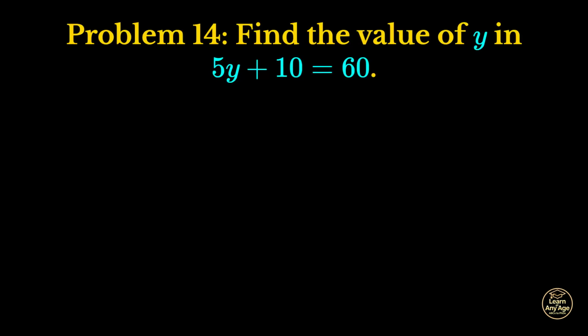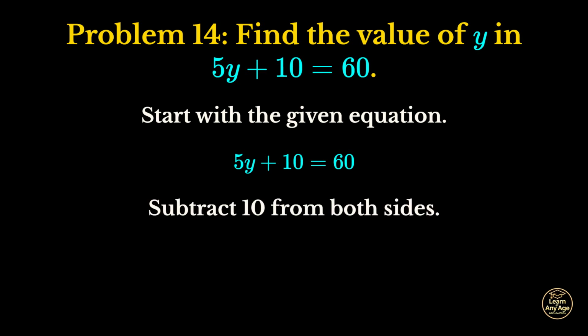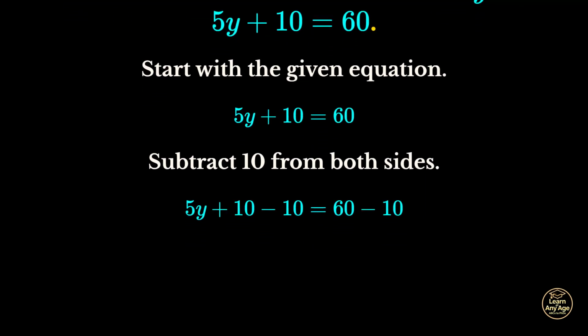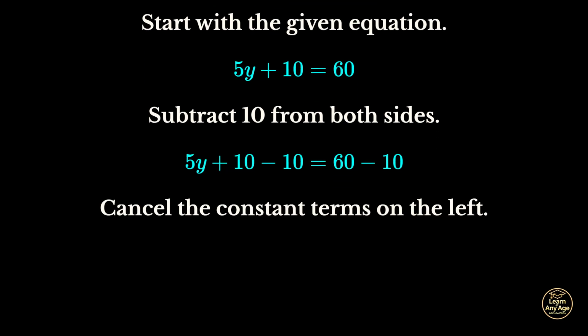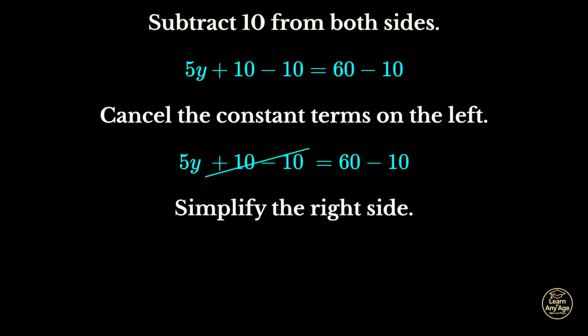Problem 14. Find the value of y in 5y plus 10 equals 60. Start with the given equation. 5y plus 10 equals 60. Subtract 10 from both sides. 5y plus 10 minus 10 equals 60 minus 10. Cancel the constant terms on the left. 5y plus 10 minus 10, cancelled out, equals 60 minus 10.